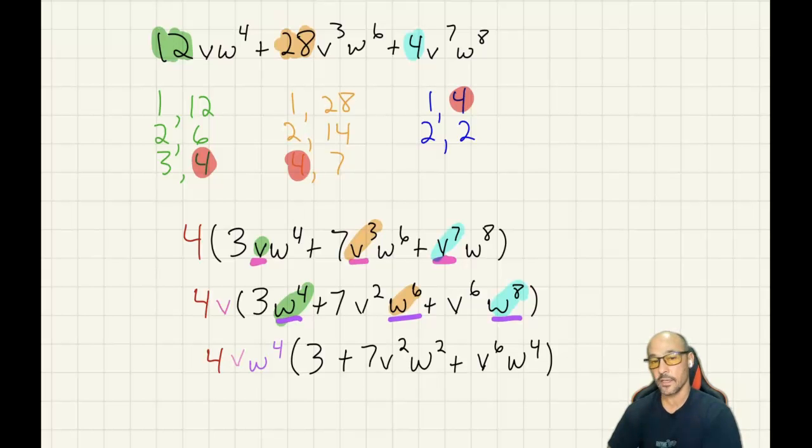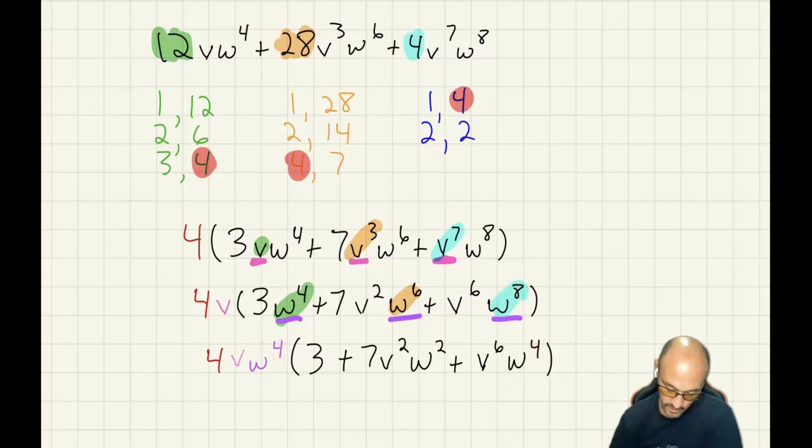So we subtract w to the 4th power. We don't subtract it, we're dividing it out. But the way you can think of it is, 4 minus 4 leaves 0 w's. 6 minus 4 leaves 2 w's. 6 minus 4 leaves 2. And 8 minus 4 leaves 4 w's.